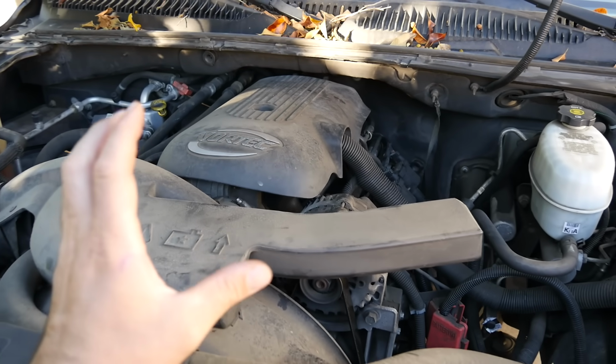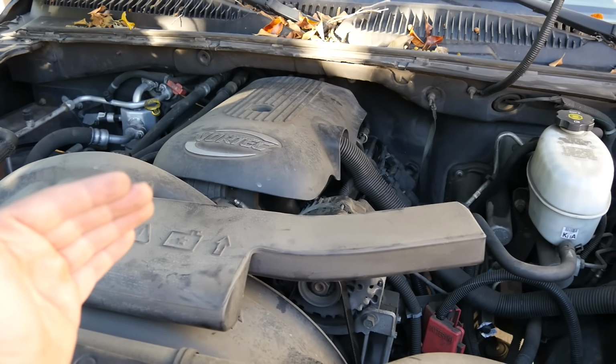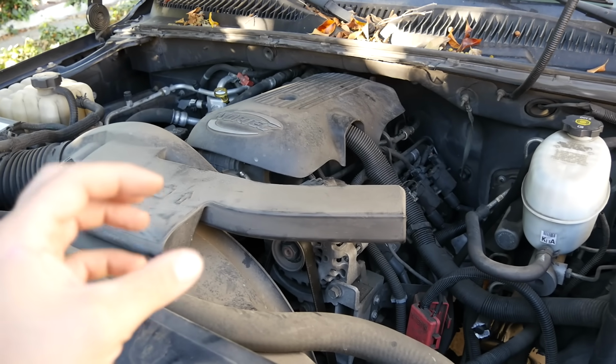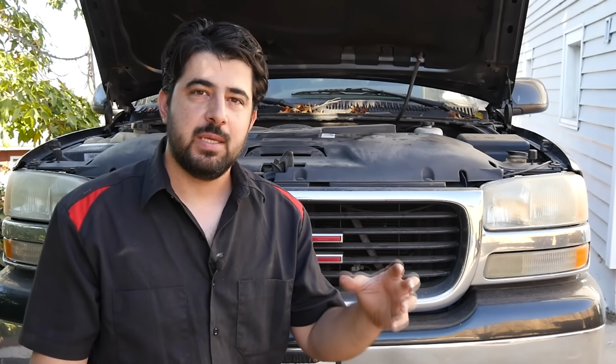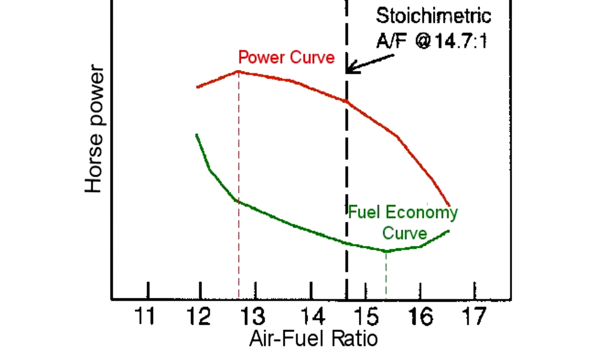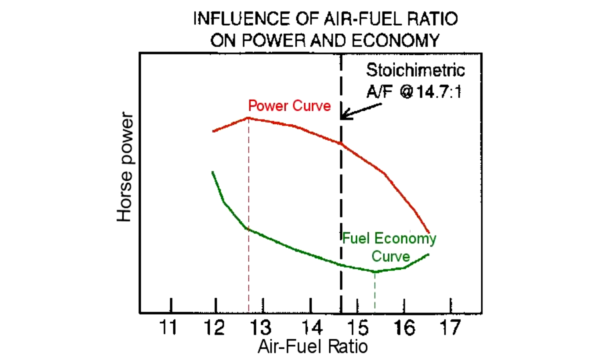So basically your car's computer, by way of your oxygen sensors, senses the oxygen that's coming out of your exhaust, and then it controls the fuel injectors to inject enough fuel into the engine where you have 14.7 parts of air to 1 part of fuel entering your engine, which is called the stoichiometric ratio, which is the condition your car is programmed to run under most loads, like at idle or low to medium loads, and that is for efficiency and emissions reasons.